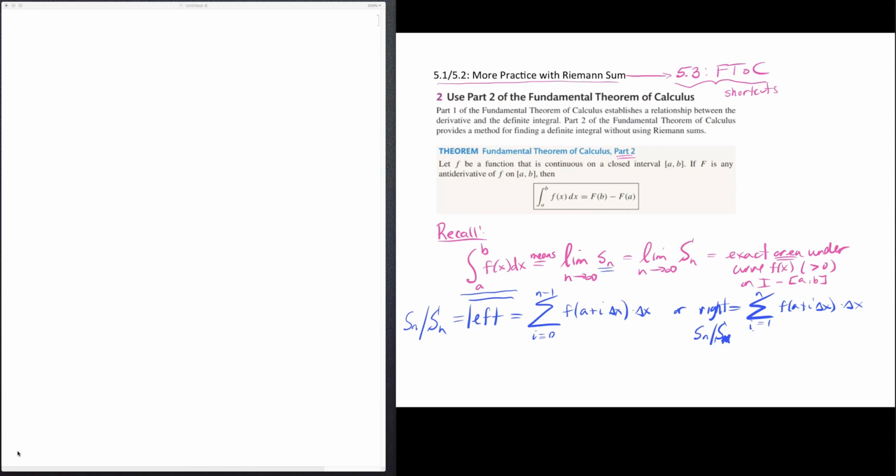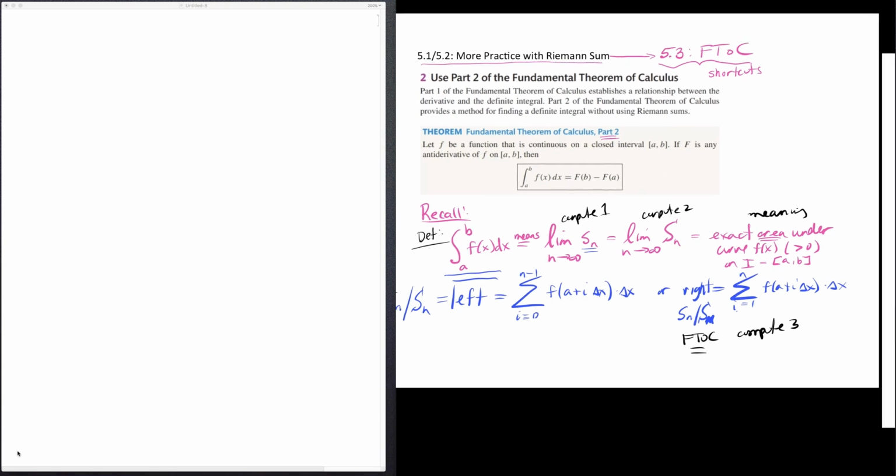So here's the definition. Here's how you compute it. You can compute number 1, you can compute number 2, and here is the meaning of what it is that you've computed. But there is a third method of computation, compute number 3, and that is using something called the fundamental theorem of calculus part 2.